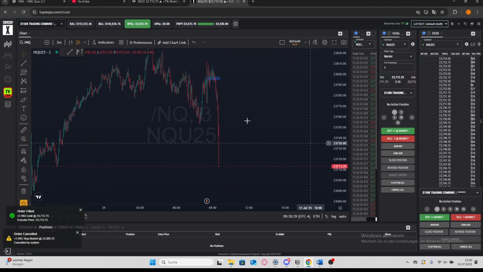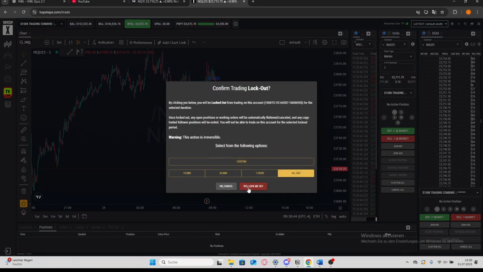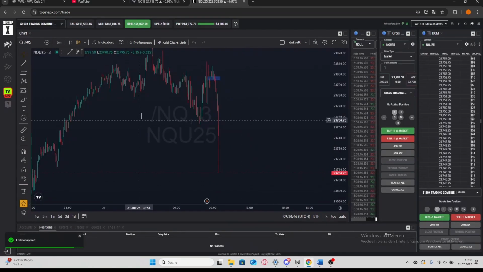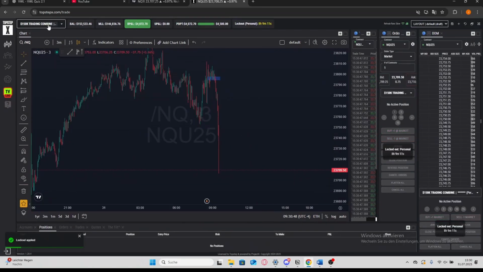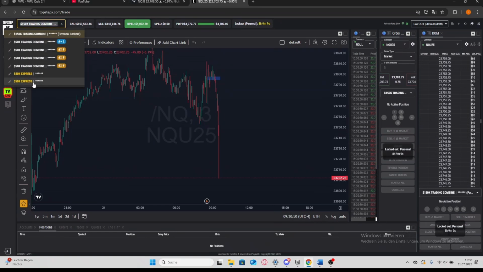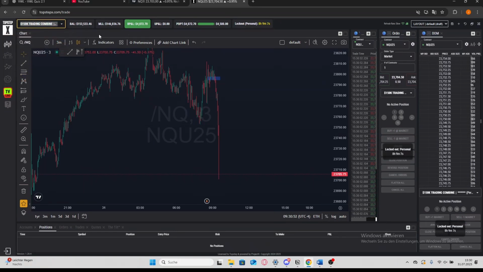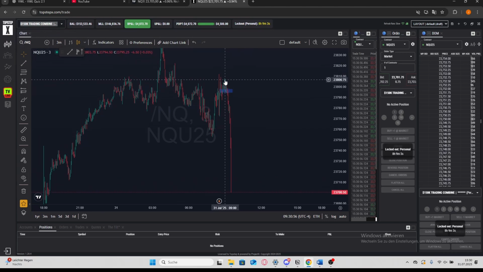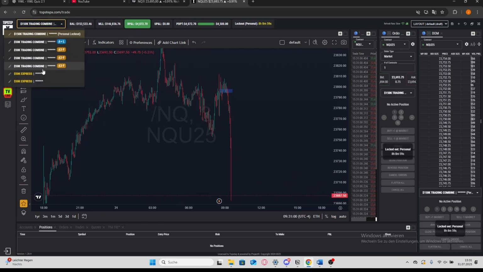Crazy. I think I'm going to log out of this account. I'm done on this account. Yeah, that's crazy. I think my max risk here was like $500. So that's crazy.